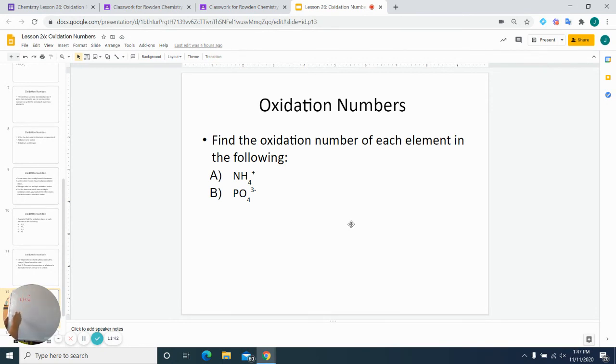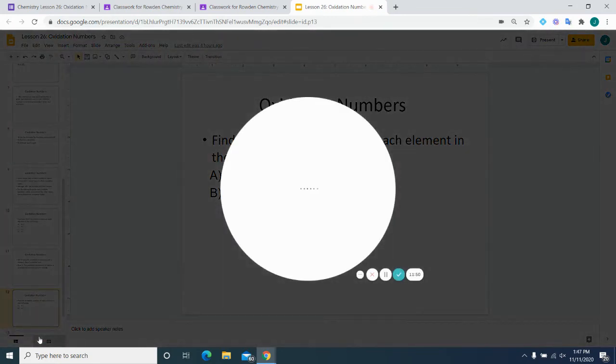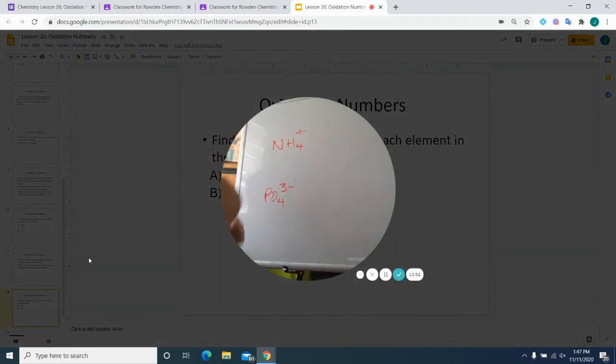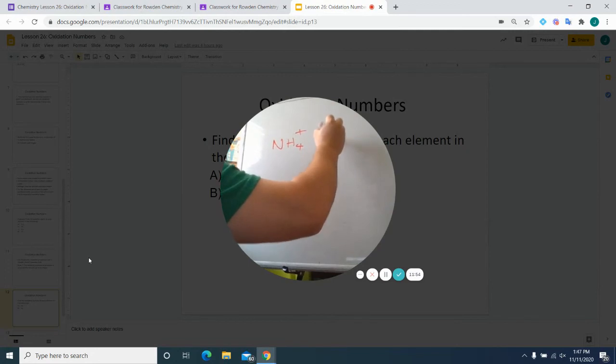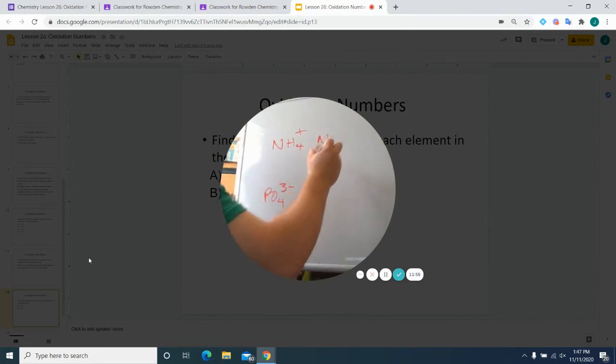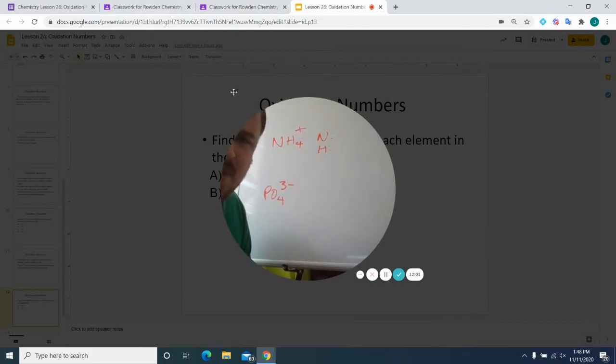And then after that, we're going to do PO4 3 minus. Okay, so NH4 plus, we don't know N, we do know H. So, you know what, I need to go back and show you something in the slide.